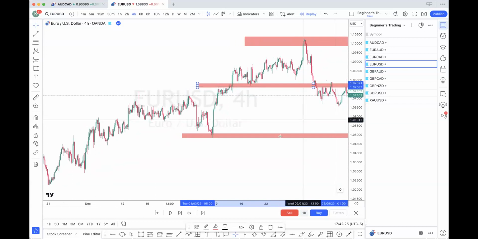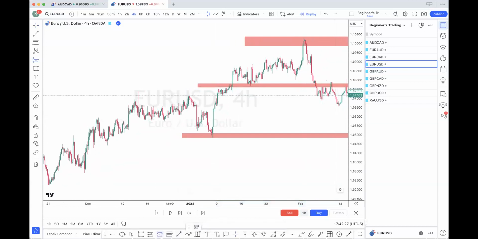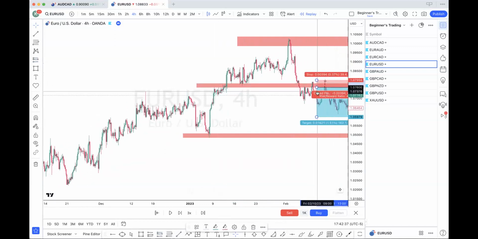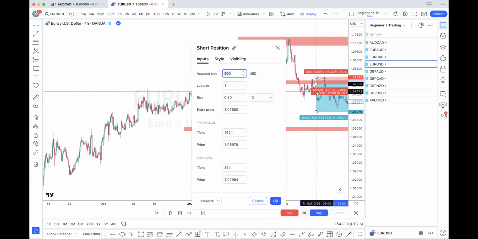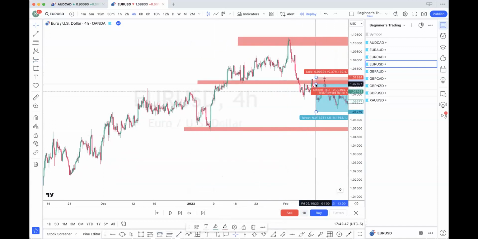So I would be marking up this zone here, right? And then that's 39 pips.